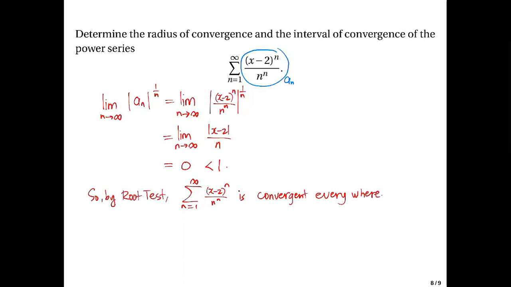Which means that your R here is just plus infinity, and your IOC, the interval of convergence, is from negative infinity to plus infinity.